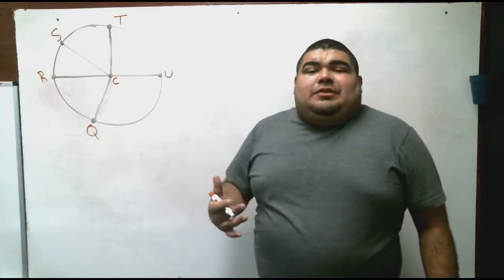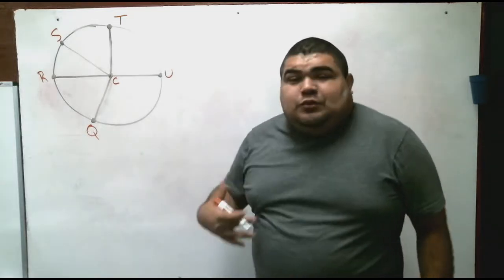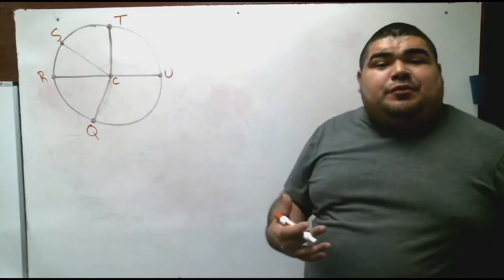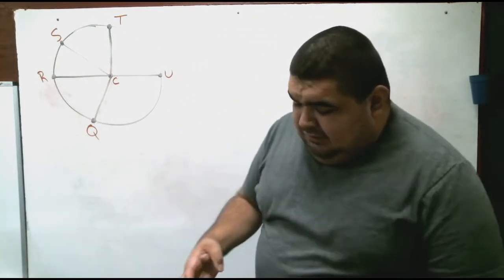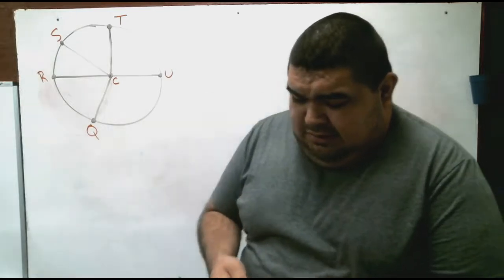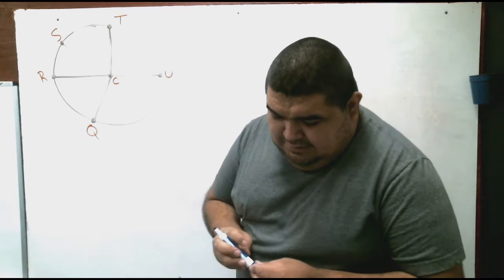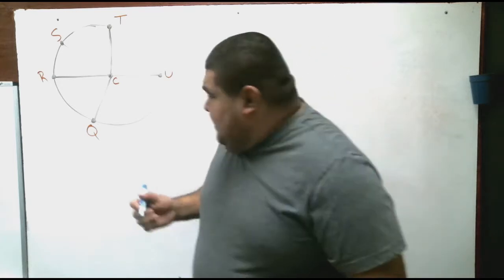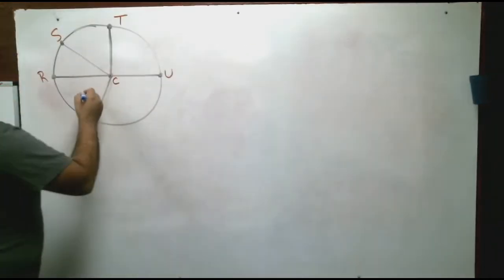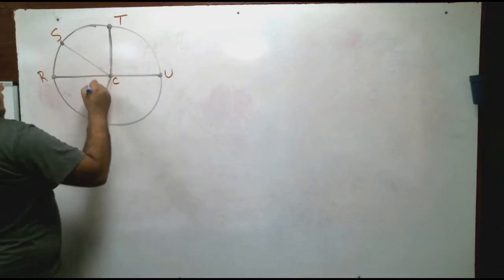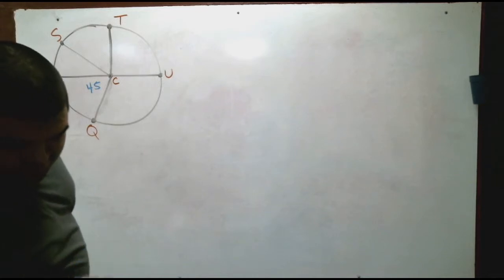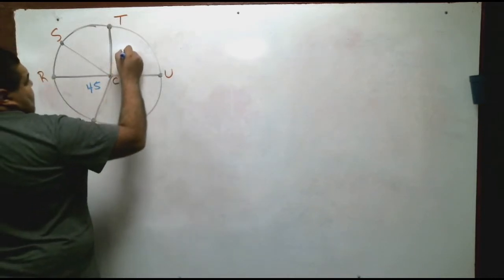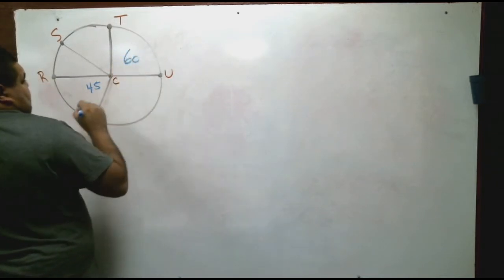Also, what's given to us in this circle, okay? It's one of those measurements, because what we have to do on the concept is find the measurements. So it gives us one of those measurements. The measurement that is given to us is 45 and 60, okay?